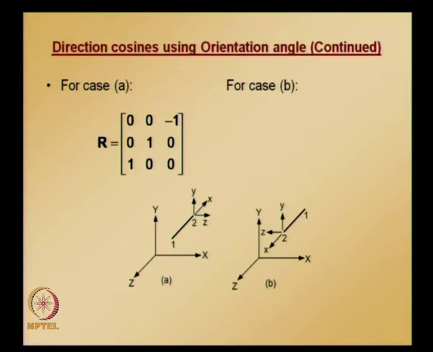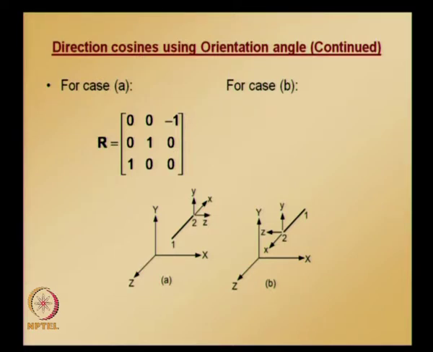For the space frame element shown in figure A, which is parallel to the global Z axis, we can easily check that the rotation matrix by inspection is whatever is given in the slide. And for figure B, the space frame element is oriented in the manner shown in figure B. The difference between figure A and figure B is the way the nodes are numbered.